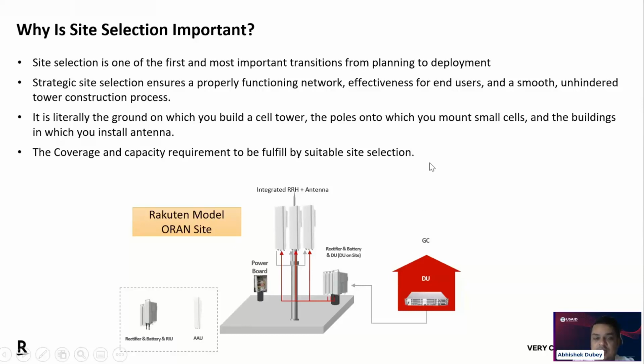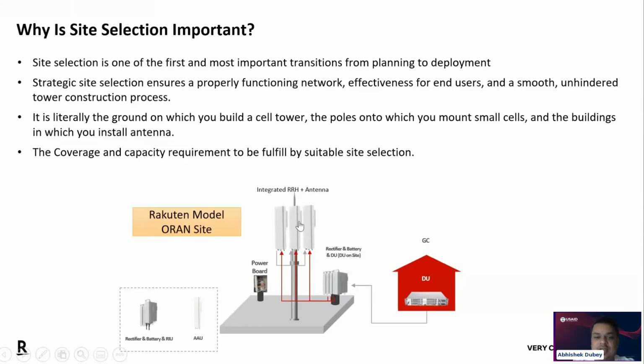If you remember, I was telling you in the introduction that there is a minimal footprint we are going to install on the site. So this is the Rakuten O-RAN site deployment, which we have deployed in Rakuten Mobile. If you are already working with the traditional RAN, you can compare easily: the footprint we have installed on the site is very minimal.